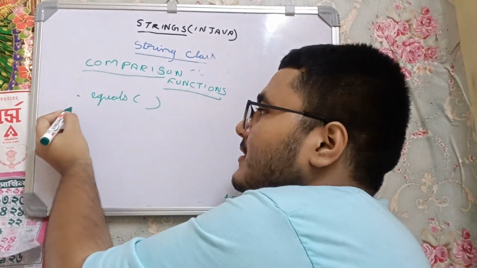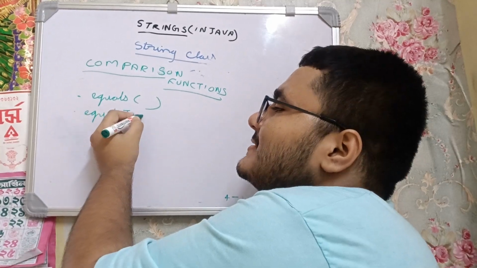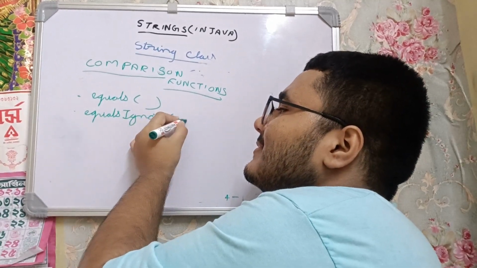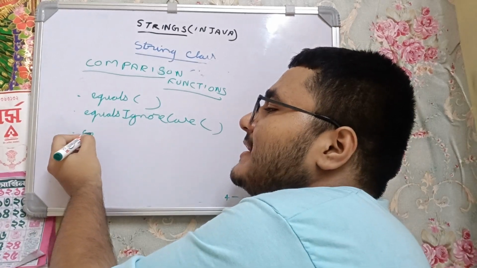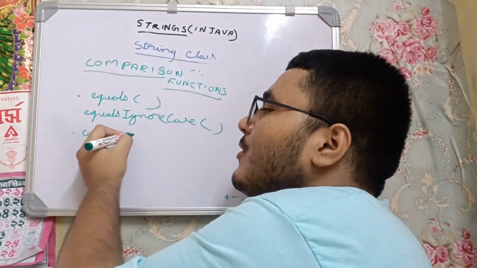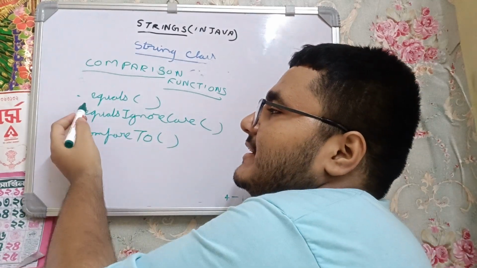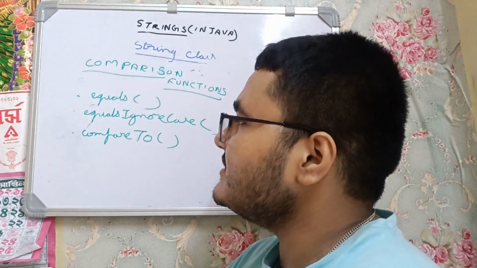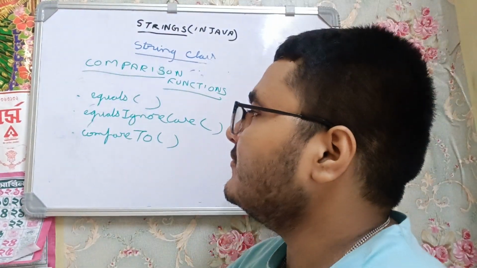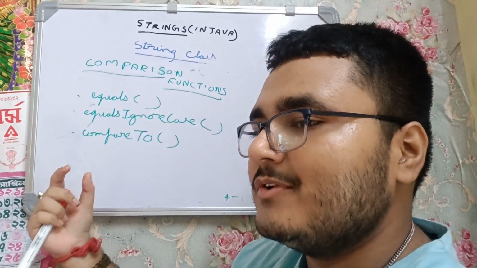So dot equals, dot equalsIgnoreCase, dot compareTo. Mainly these three. Note down these functions or take a screenshot of it. These will be discussed in the next upcoming video in my lecture.